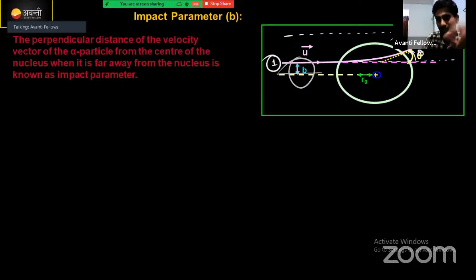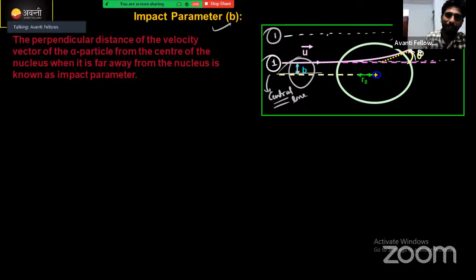If you consider the first line, from the first line to the central line, this is the central line. The distance between the central line and the first velocity vector, or if you take the first velocity vector as this dotted line that I drew now, the distance from this point to the central line, we call that the impact parameter.